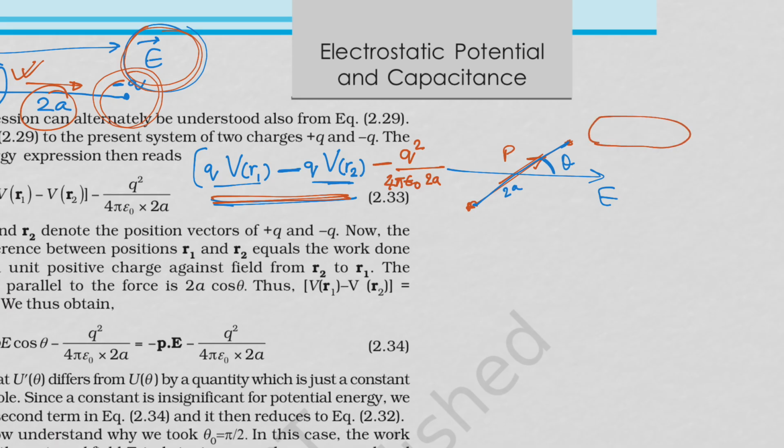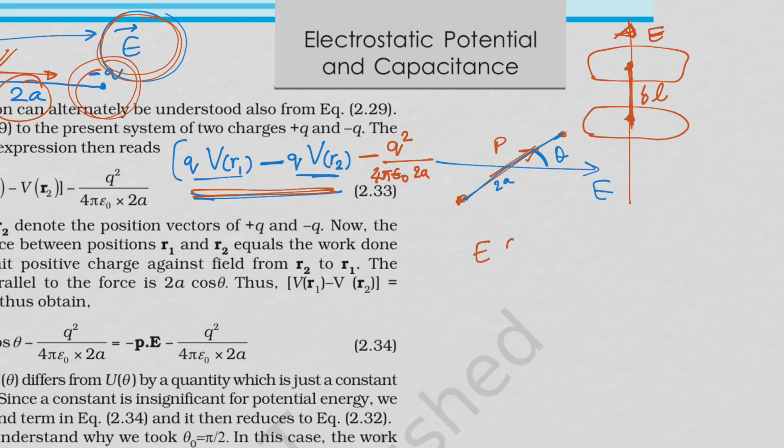if the potential surfaces are normal to the electric field, then the distance between these two surfaces, that is delta L, when multiplied by the electric field E, will give the potential, or the potential difference between these two potentials.